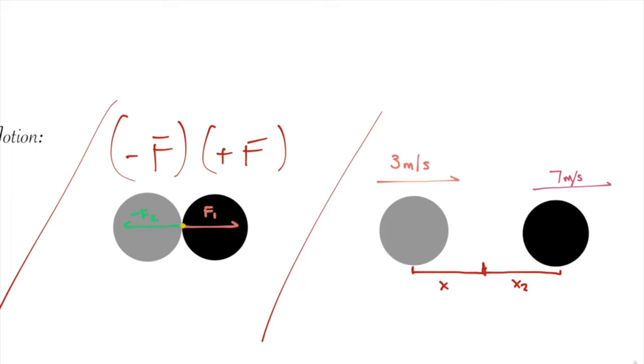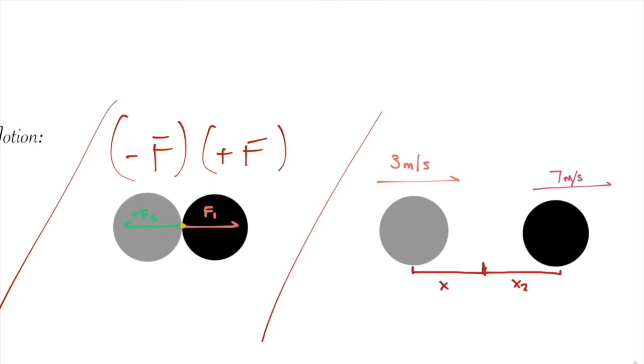And the black ball was at rest, but then experienced a positive net force to the right, and it went from 0 to a positive number, in this case 7 meters per second, in this partially inelastic collision. So they experienced equal and opposite forces, but because one was moving to the right and experienced an acceleration to the left, it slowed down.